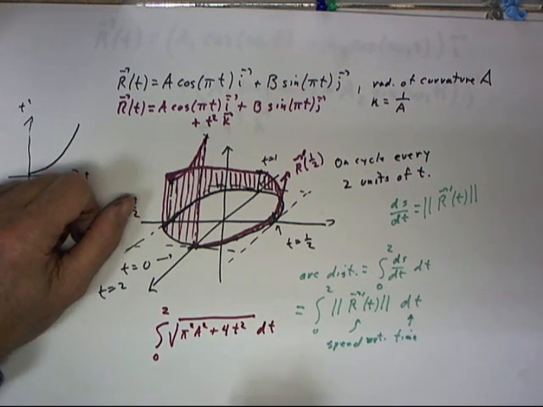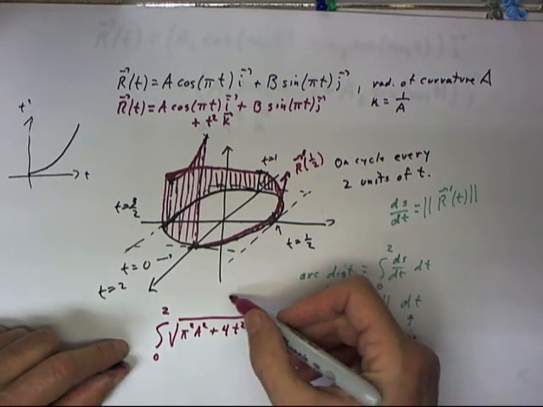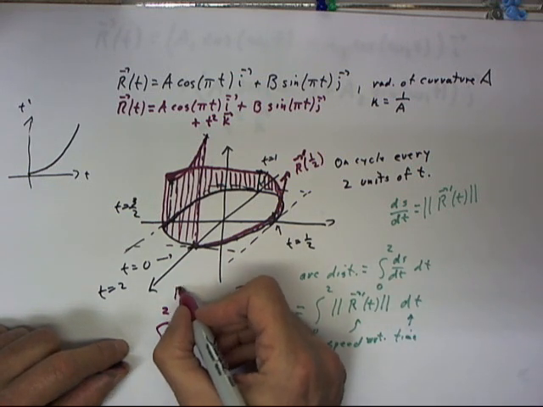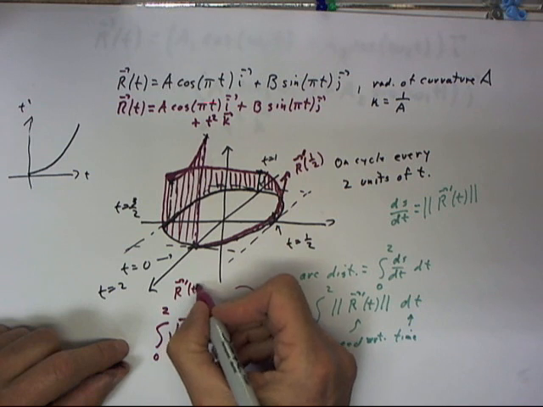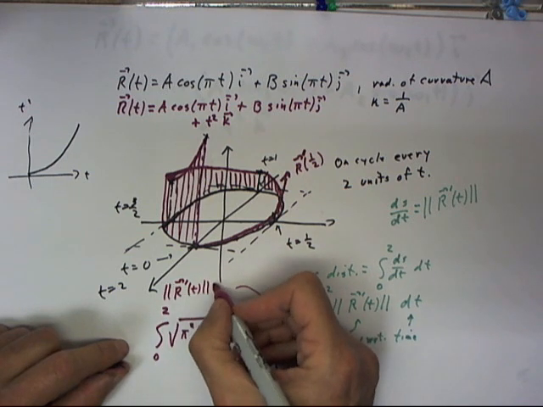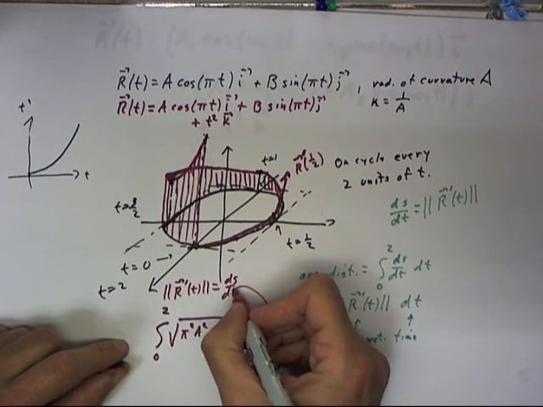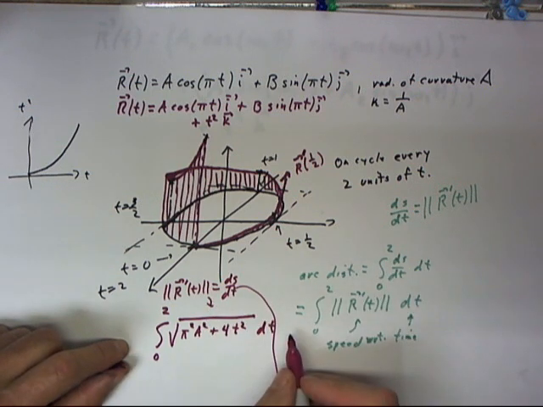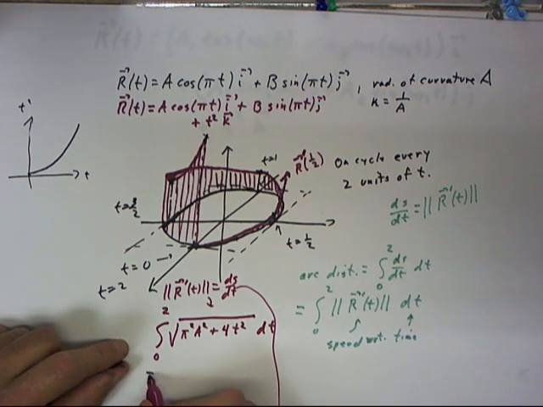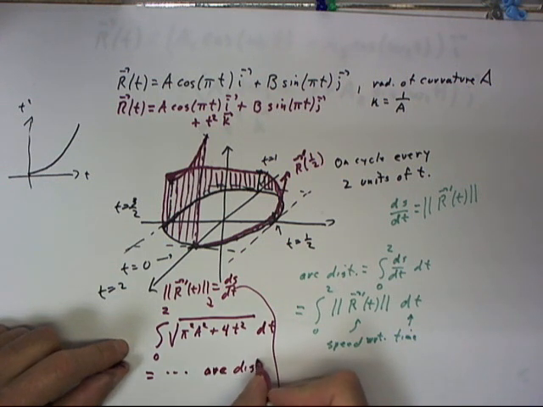We integrate that function, that magnitude of r prime of t, which is our ds dt, with respect to t, and we get the arc distance.